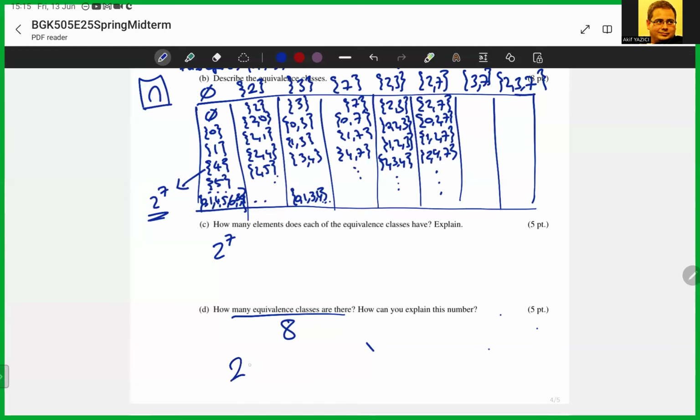This is actually 2 to the power 3 because this is the number of subsets of T, 2, 3, 7, because they also define the equivalence classes in terms of whether you have 2 or not, whether you have 3 or not, whether you have 7 or not. So there are 8 total possibilities, and therefore 8 is the number of equivalence classes.